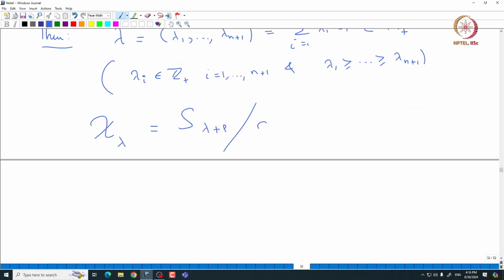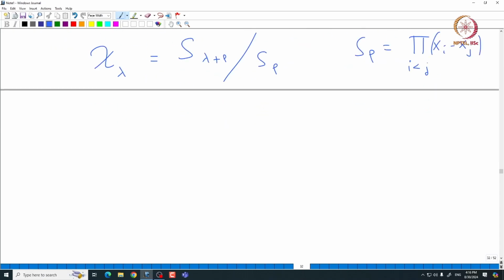Now if you take this chi lambda, you know that this is given by S lambda plus rho divided by S rho. We already saw that S rho is nothing but the product of xi minus xj, i less than j. So now let us rewrite S lambda plus rho. What is lambda plus rho? Lambda plus rho is nothing but lambda 1 plus n, lambda 2 plus n minus 1 and so on, then lambda n plus 1.